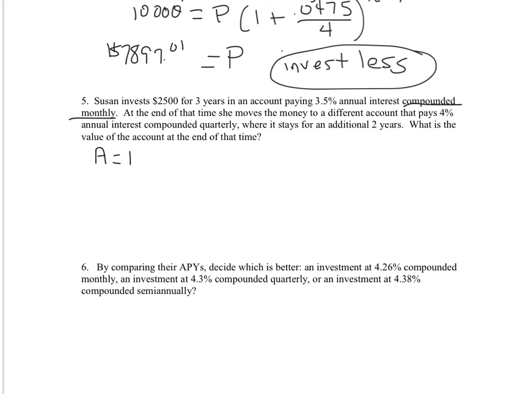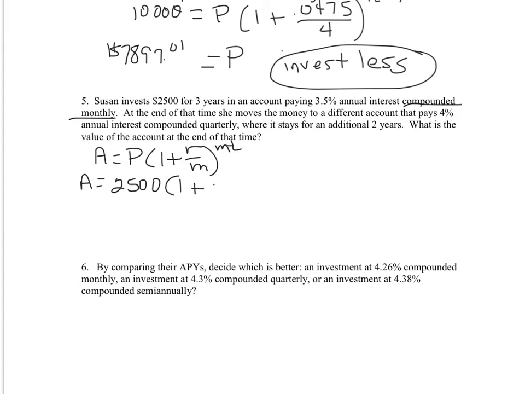Since it's compounded monthly, I know this is the formula that I need. And here's what we know. She's investing $2,500, so I'm going to try to find the amount she has after she invests $2,500, and the account is paying 3.5% annual interest compounded monthly.